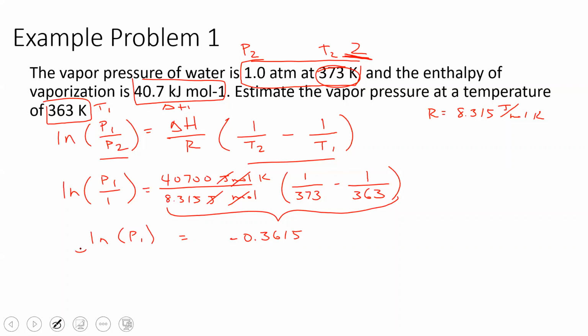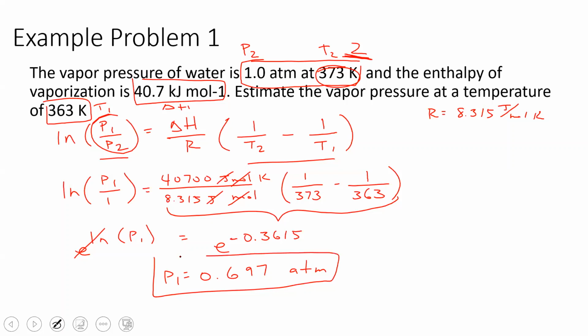We have to use e and exponentiate both sides. So P1 is equal to e to the negative 0.3615, which is 0.697. Because we initially used atm when we plugged in, our answer will also be in the same units. So we have atm.